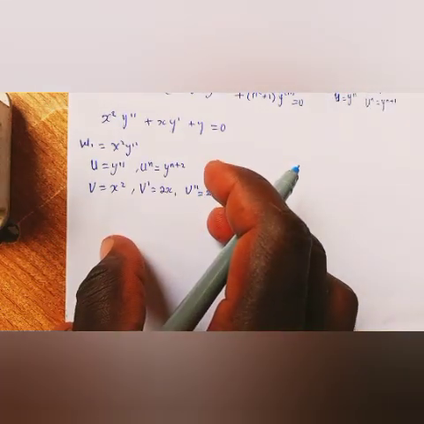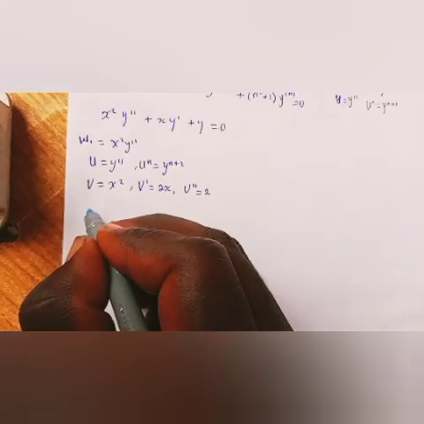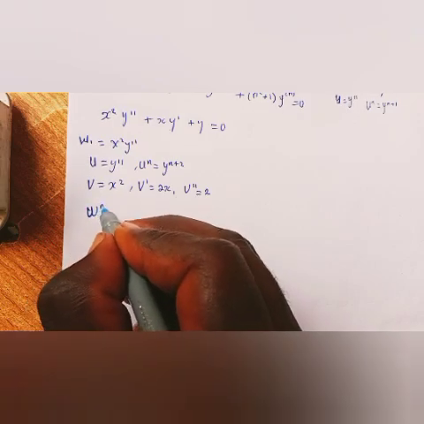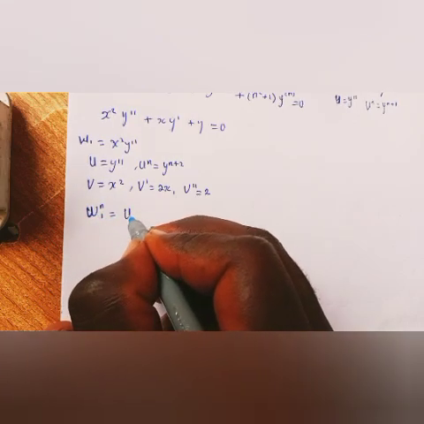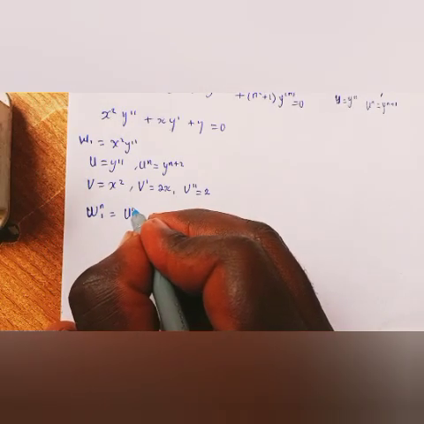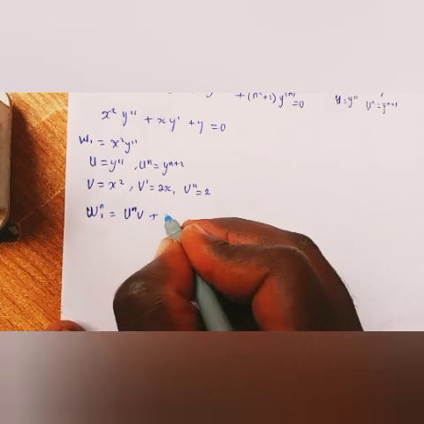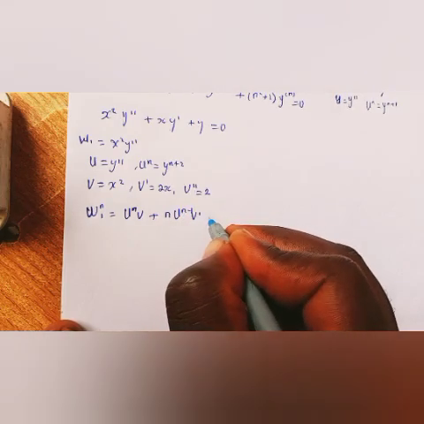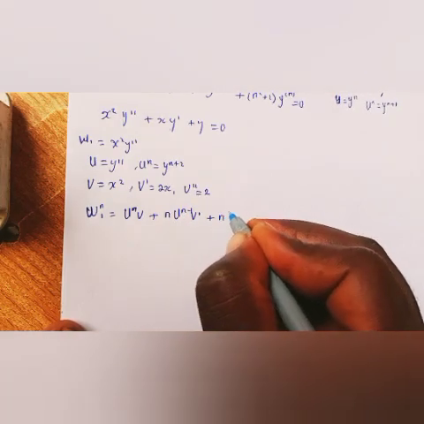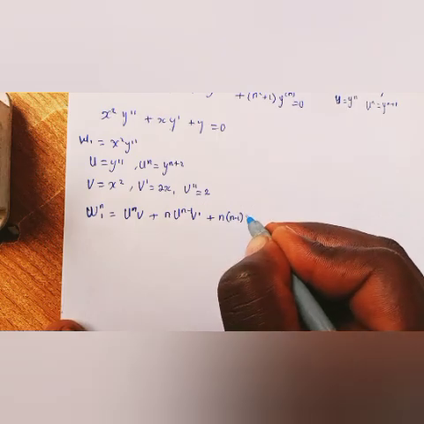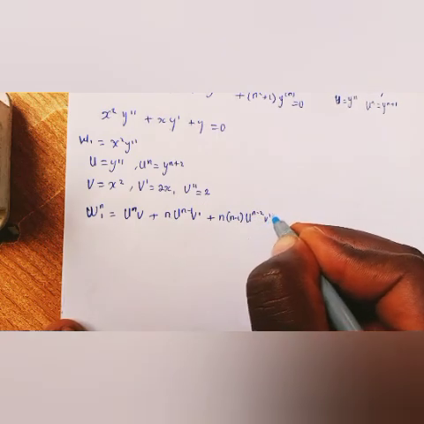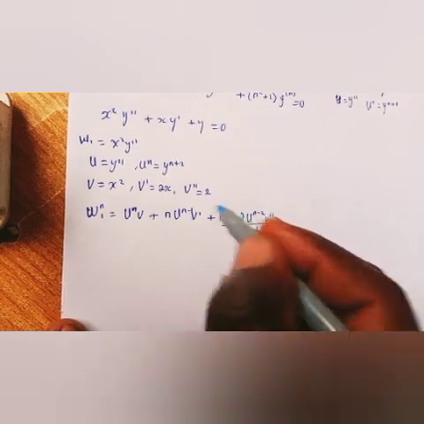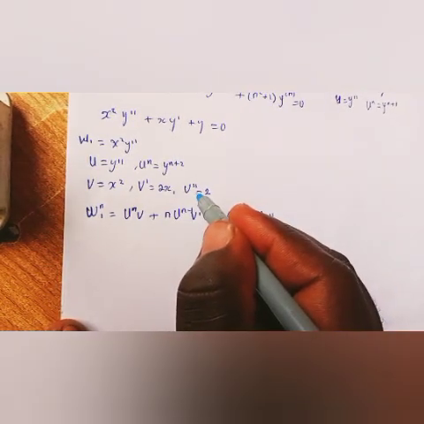This is our w1. Now we remember w^(n)1 equals the formula uⁿ v + n u^(n-1) v1 + n(n-1) u^(n-2) v2 over 2 factorial. So we stopped here because our v stopped at 2.